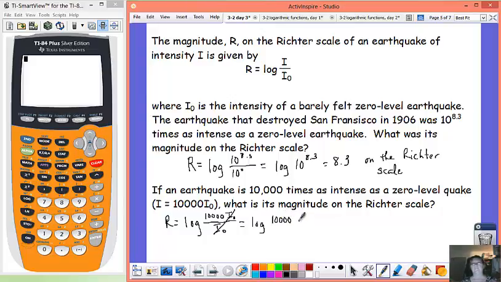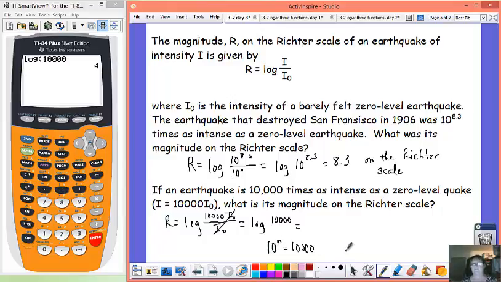Or you would think to yourself, what power do I need to raise 10 to, to get 10,000? Right, because the common log has its base of 10, so 10 to the nth would give us 10,000.